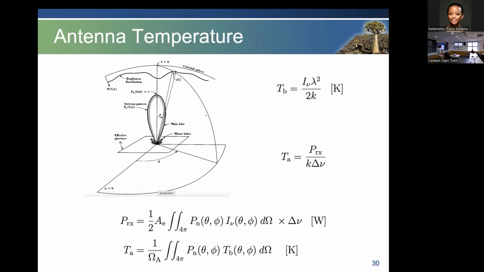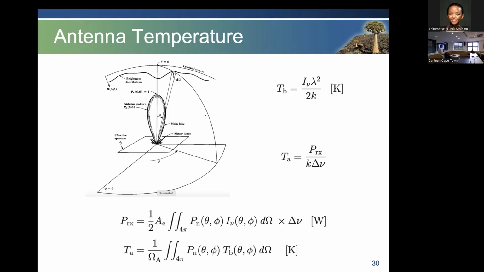So you take your telescope, you point it up at the sky. We saw in the previous lecture that we look at intensities in the sky. So we're looking for the intensities, and we convert those intensities into brightness temperatures, TB. Having pointed our telescope at the sky, we look at the terminals of the antenna, and we measure the power that's coming out there. And we convert that into an antenna temperature, TA. So we take that power that we receive, PRX, divided by Boltzmann's constant times the bandwidth.